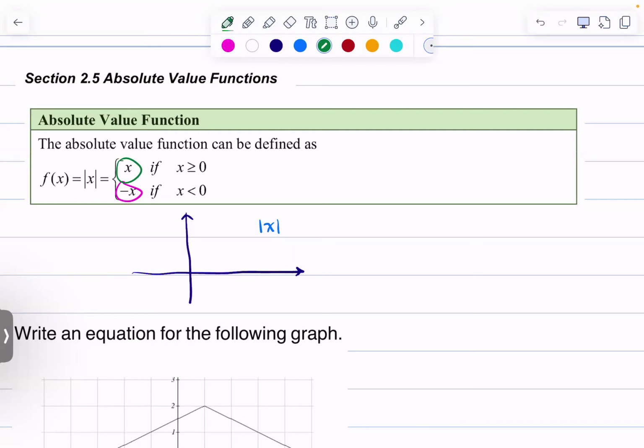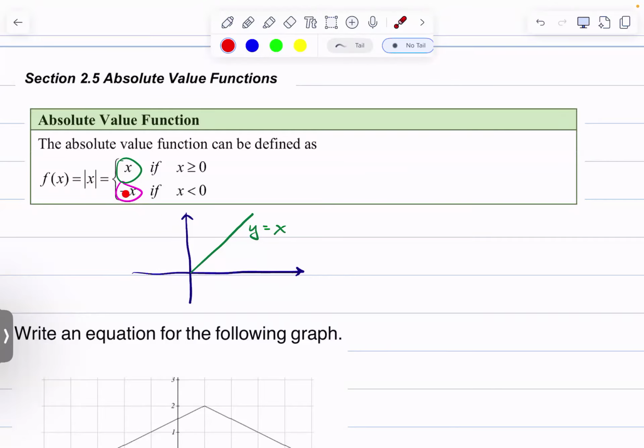So if y equals x, what does that line look like? It looks like this, just a diagonal line. y equals x: 1, 1, 2, 2, 3, 3, and so on. Same thing for our negative x. What does that look like?